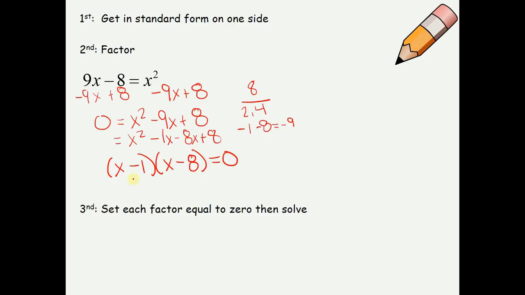It's still equal to 0, so if I set both my factors equal to 0, I will get x equals 1 and x equals 8. So those are my two solutions to the quadratic equation 9x minus 8 equals x squared. So x can equal 1 or x can equal 8. That would both satisfy that quadratic equation.